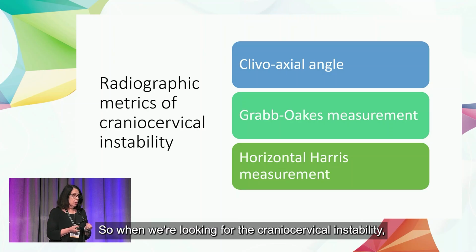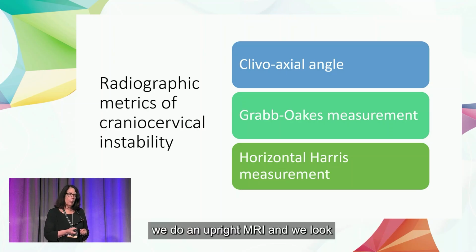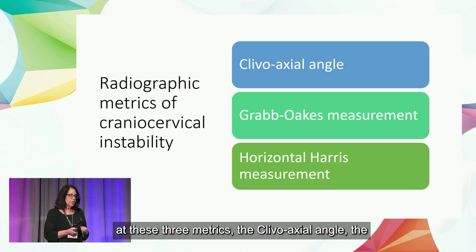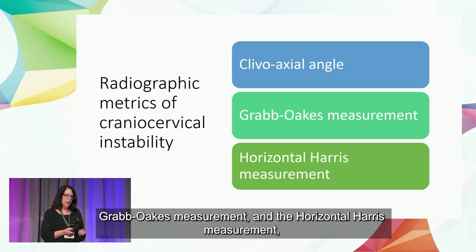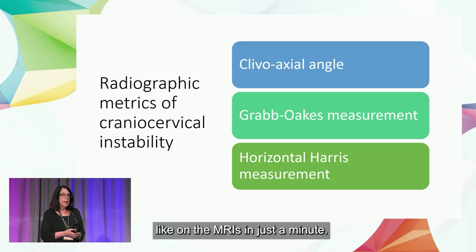So when we're looking for the craniocervical instability, we do an upright MRI and we look at these three metrics: the clivo-axial angle, the Grab-Oakes measurement, and the horizontal Harris measurement. And I'm going to show you what those look like on the MRIs in just a minute.